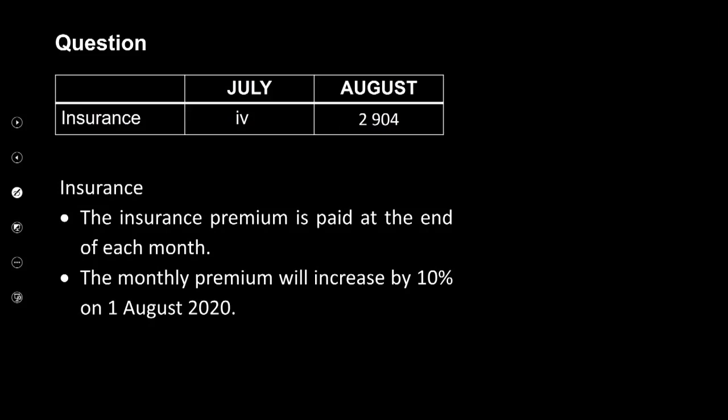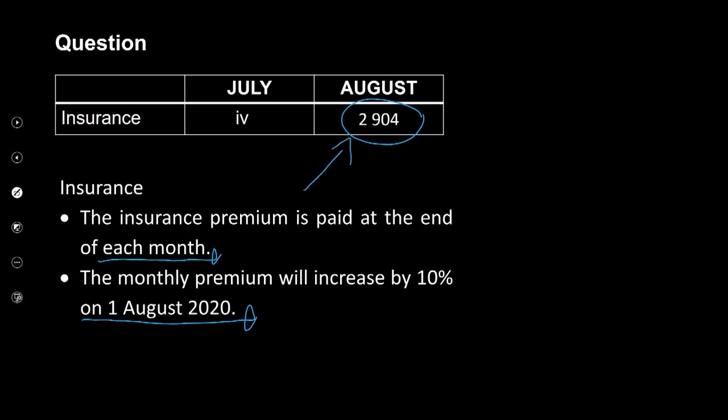The insurance premium is paid at the end of each month. The monthly premium will increase by 10% on the 1st of August. Interesting question. Look what they've done. They've told you what the August premium is. Now remember, the insurance premium is paid at the end of each month. However, the monthly premium will increase by 10% on the 1st of August.